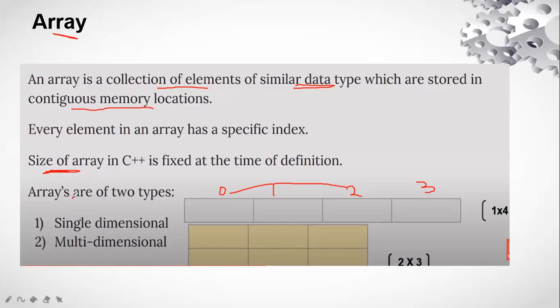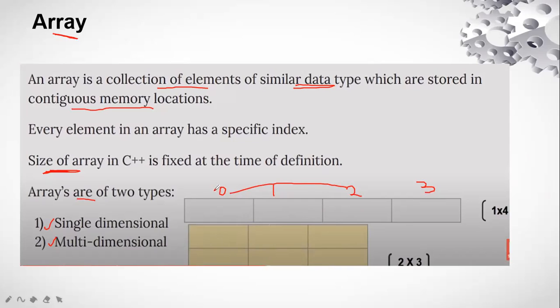Now, arrays are of two types basically: single dimensional and multidimensional. What are these? You all know single dimensional means we have just one row with a number of columns. And multidimensional is a kind of matrix form, that means it has a number of rows and a number of columns.